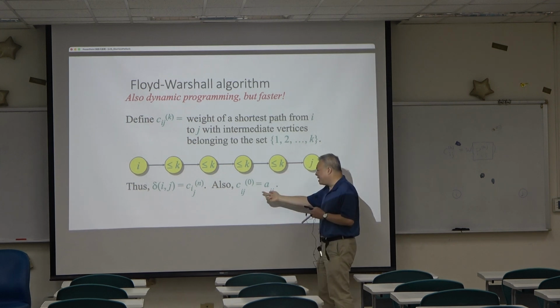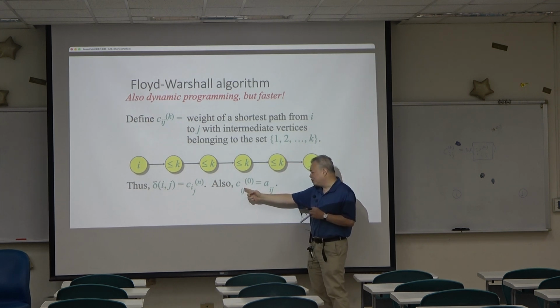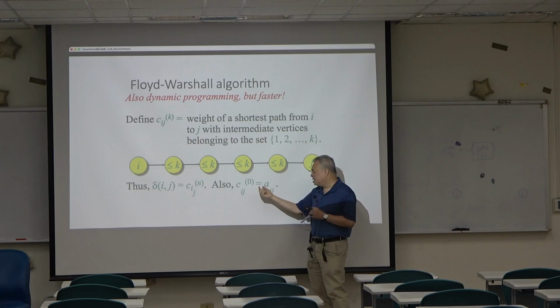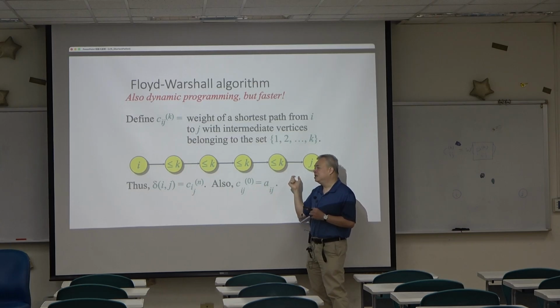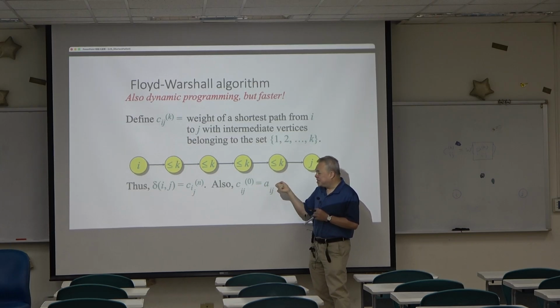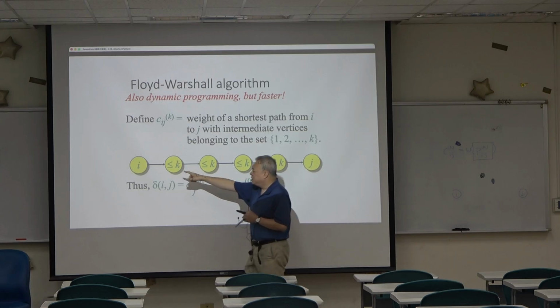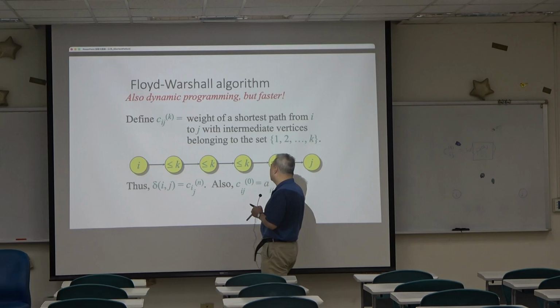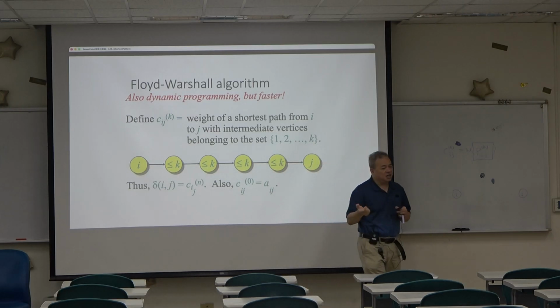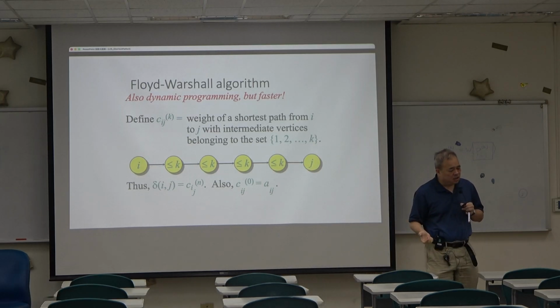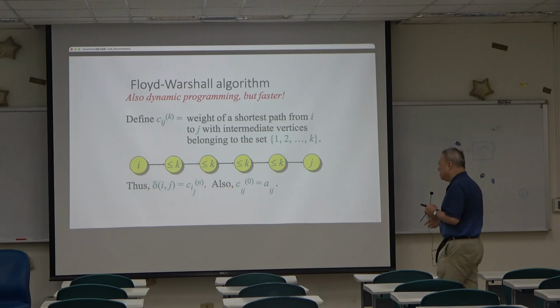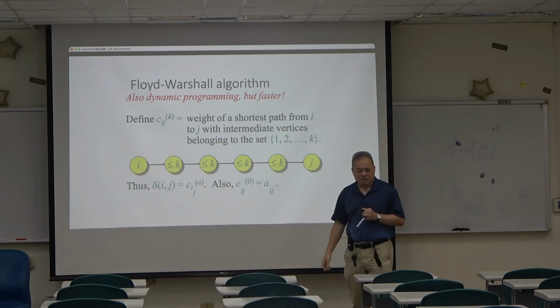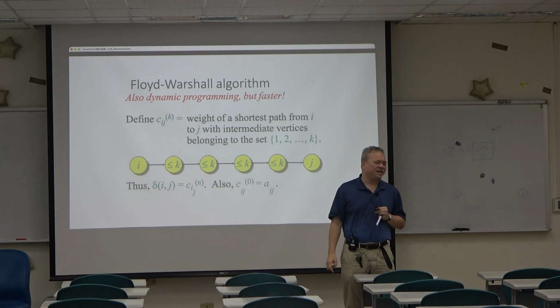So if you do not have any intermediate node between node i and node j, then there are only two possible cases. The first case is that if there's a direct edge from node i to node j, then obviously you don't need any intermediate node. So that will be the weight of that edge.